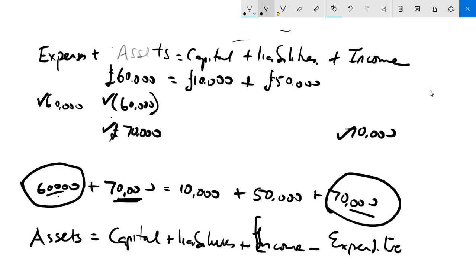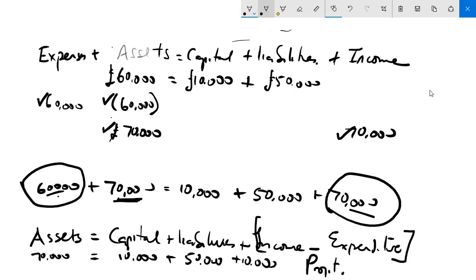And the income minus expenditure bit is what we call profit. And of course, you can see that this profit always gets added back to capital. I mean, in this scenario, what do we have? We have 70,000 is equal to 10,000 plus 50,000 plus 10,000.